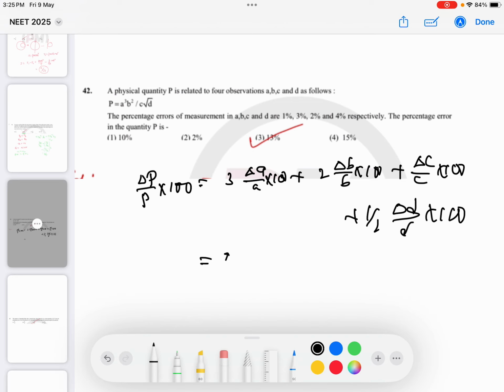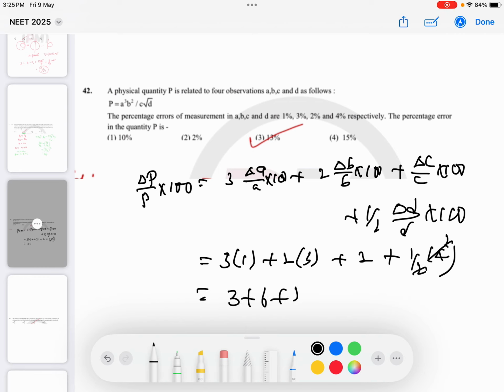So A is nothing but 1%, B is nothing but 3%, C is nothing but 2%, D is nothing but 4%. 3 plus 6 plus 2 plus 2, which is equal to 13%.